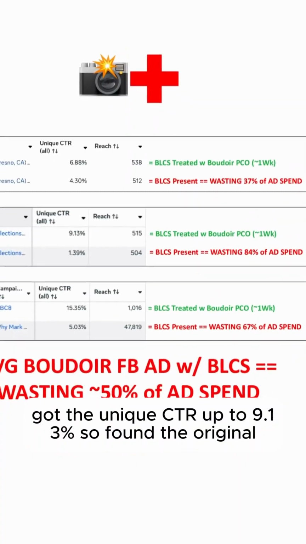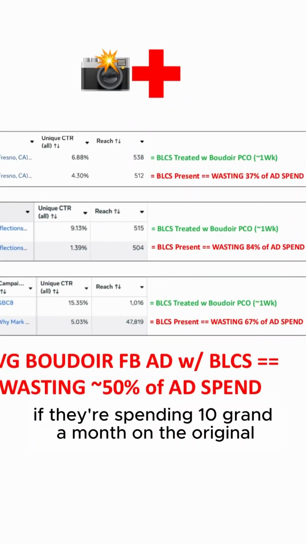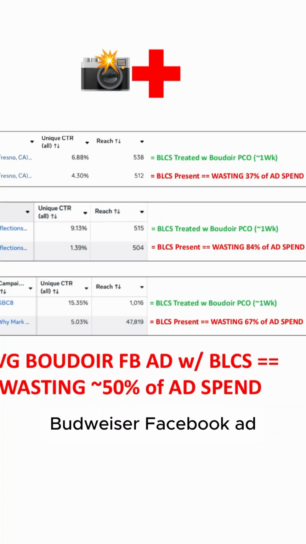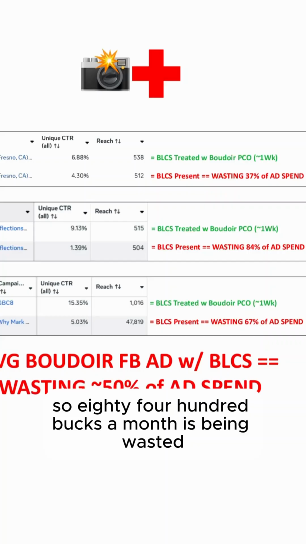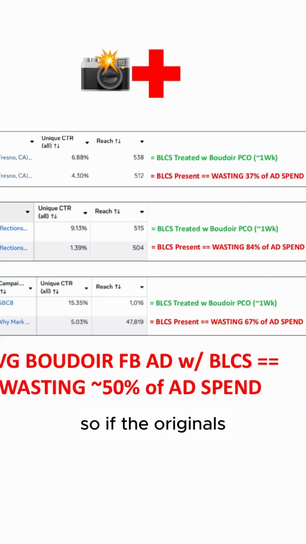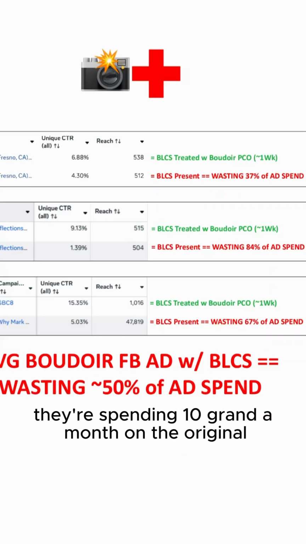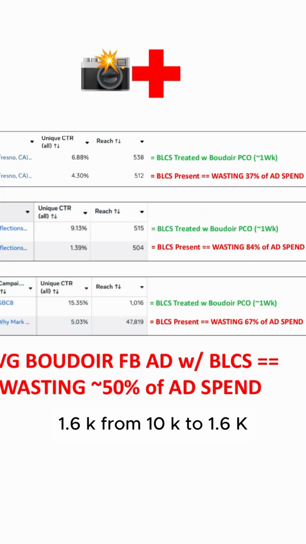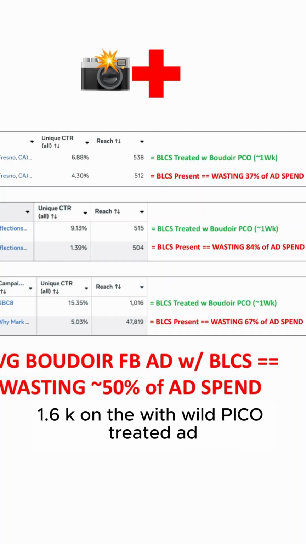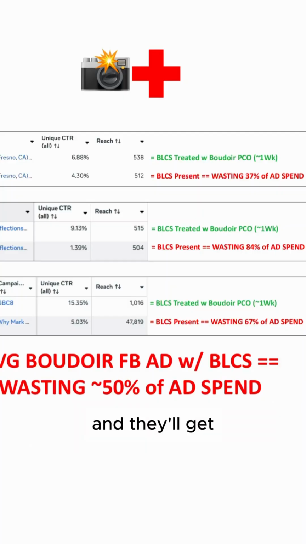So if they're spending 10 grand a month on the original boudoir Facebook ad, literally 84 percent was being wasted. So 8,400 bucks a month is being wasted. They now only have to spend 1.6K on the boudoir Pico treated ad, from 10K to 1.6K, and they'll get that into the same number of women's brains in both scenarios.